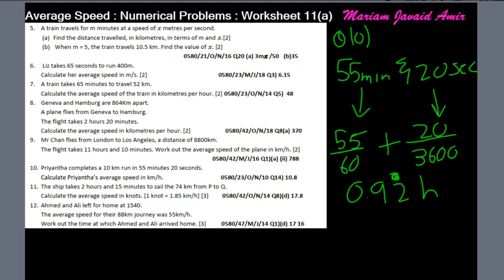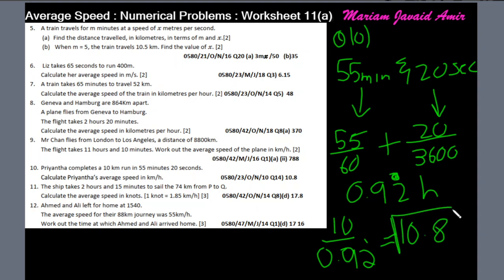So the average speed is total distance, which is 10 kilometers, over total time, which is 0.92222 hours. So in your calculators enter 10 divided by answer, which gives 10.8 kilometers per hour.